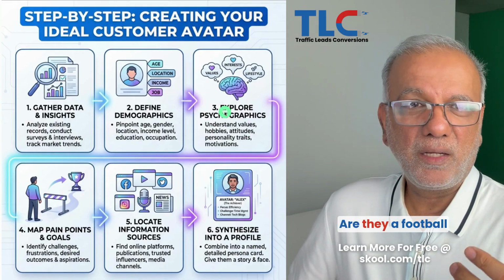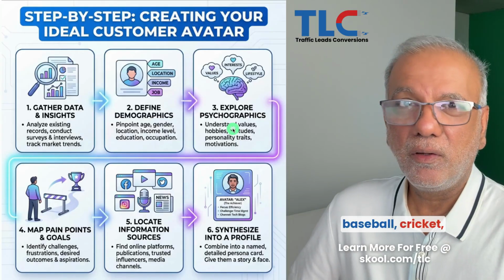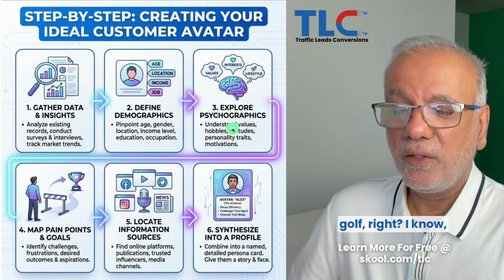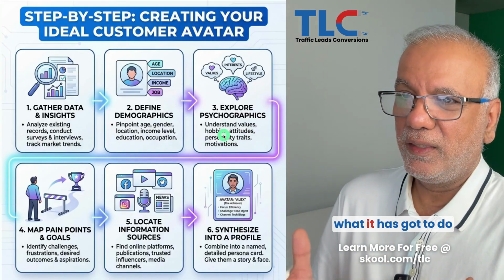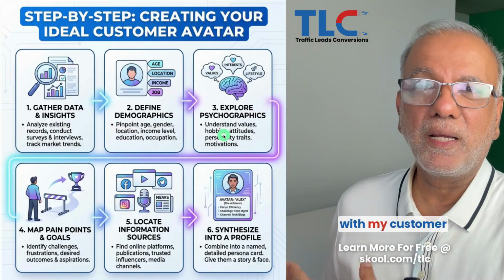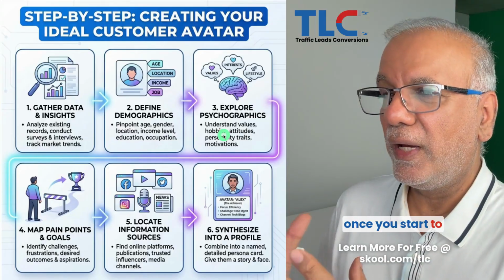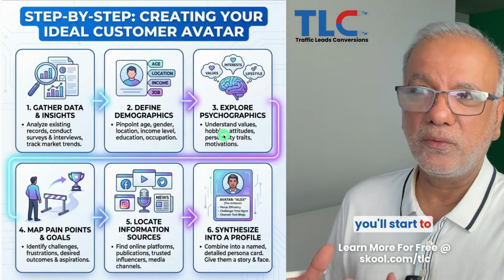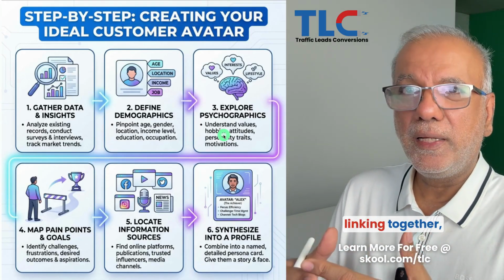What hobbies are they? Are they a football fan, basketball, baseball, cricket, golf, right? You may feel like, okay, what has it got to do with my customer playing golf? Well, once you start to analyze this data, you'll start to see trends and you will start to see things which are linking together.